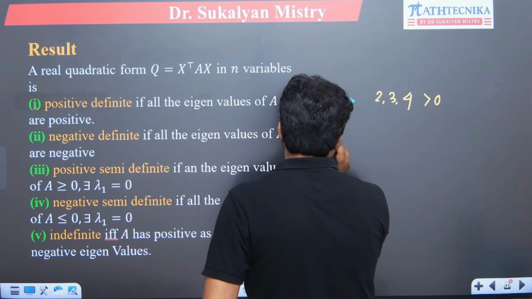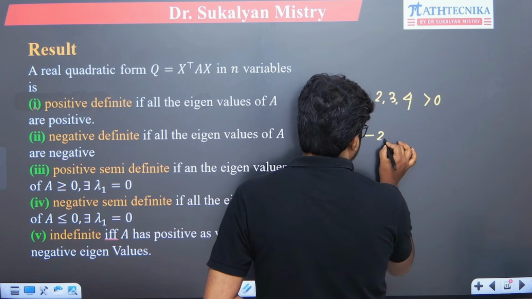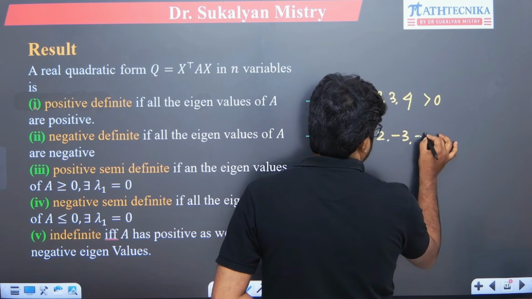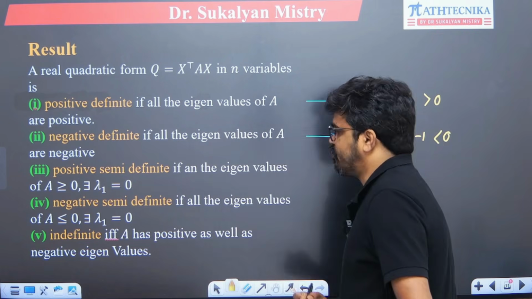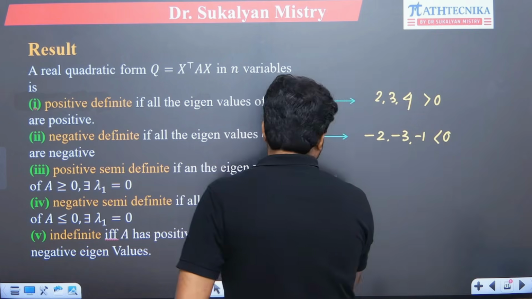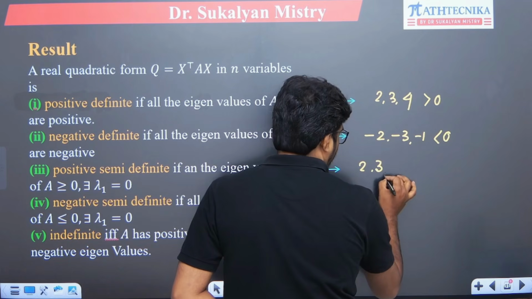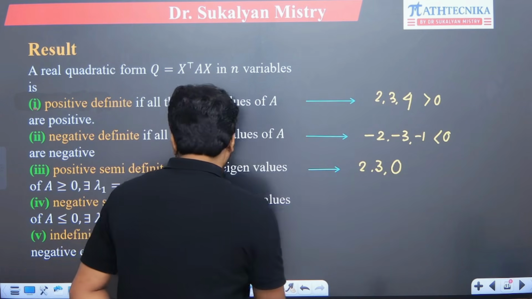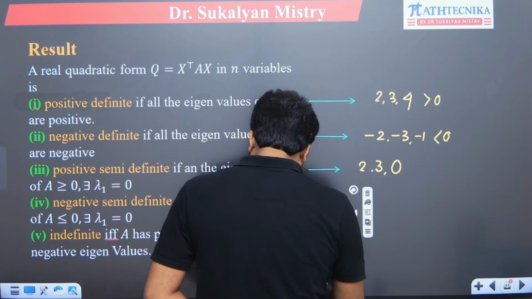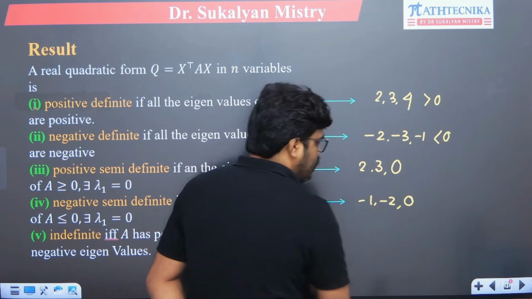Negative definite, when will it be? If all the eigenvalues are negative, suppose 2, minus 3, minus 1, all eigenvalues are negative, so that is negative definite. Positive semi-definite means eigenvalues are positive, suppose 2, 3 and one eigenvalue is 0. Negative semi-definite means eigenvalues are negative, suppose minus 1, minus 2 and there exists one 0 eigenvalue.